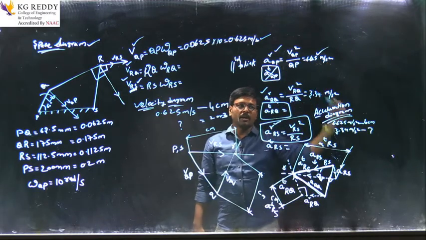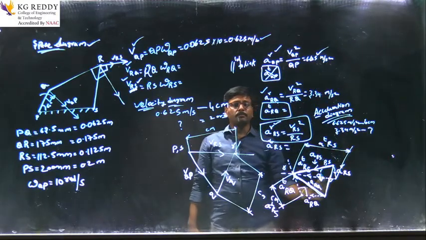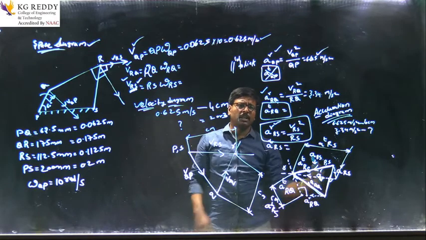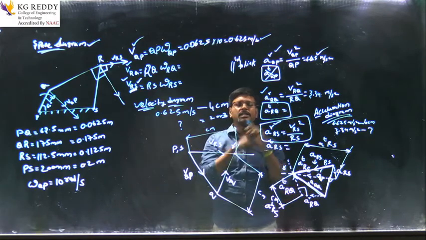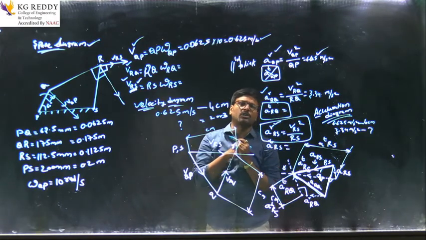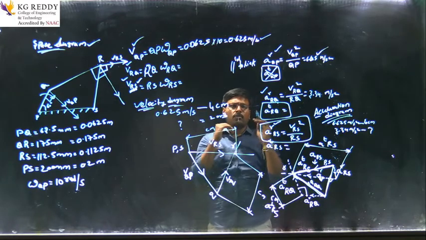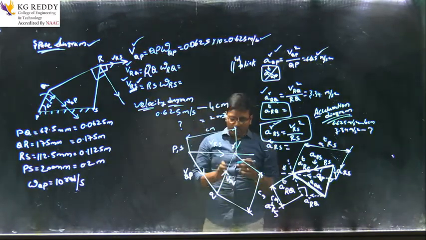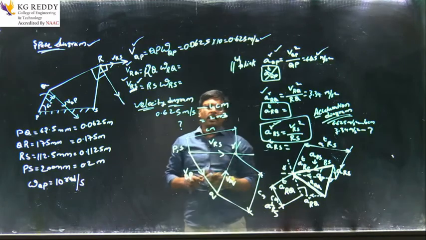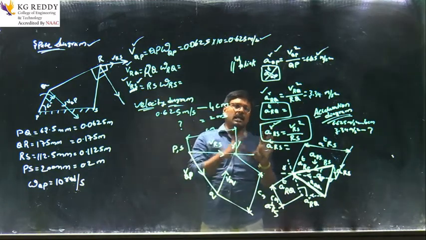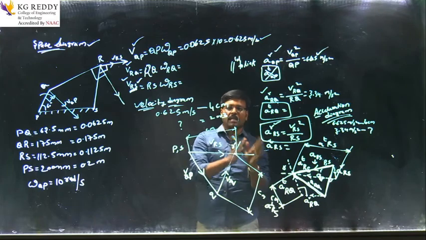So that data we are using to draw the acceleration diagram. Then after, we are finding out the tangential components by taking a perpendicular to the link. So the only thing we have to remember every time is that the radial component is parallel to the link and perpendicular to the link is the tangential component.